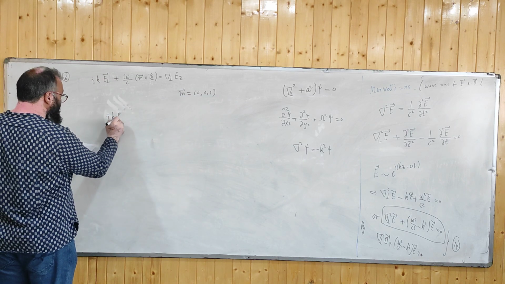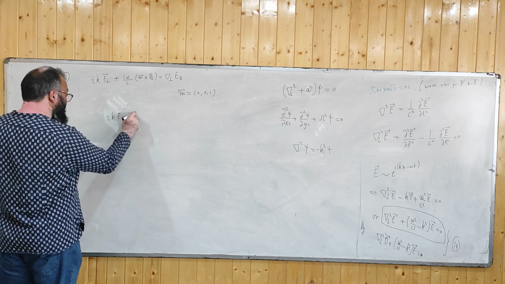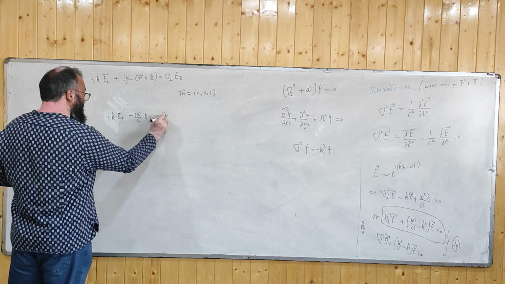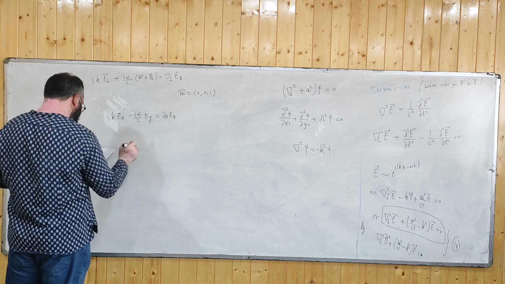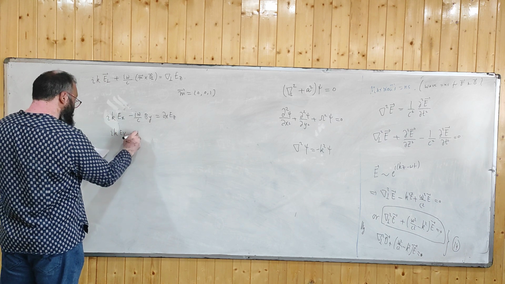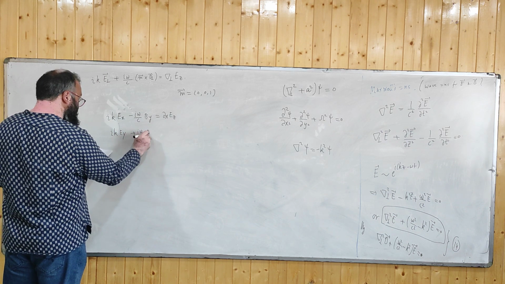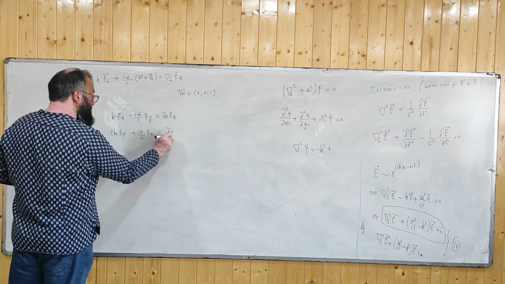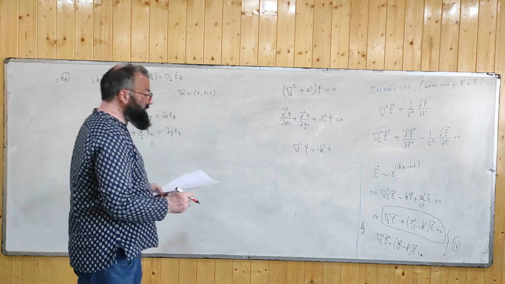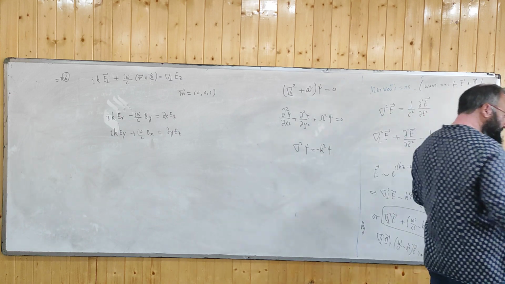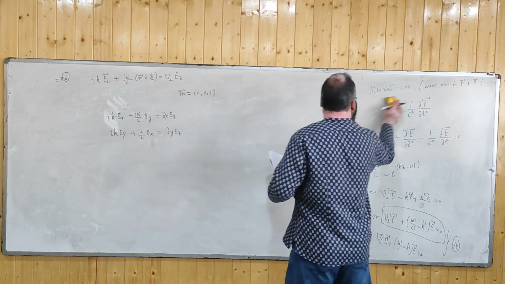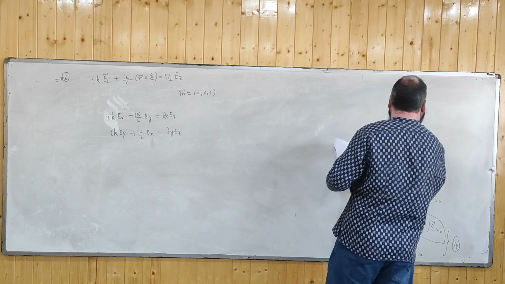You will get ik Ex minus i omega by c By is equal to partial x Ez. Then ik Ey plus i omega by c Bx is equal to partial y Ez. Also you have equation 8, which is of the same kind.